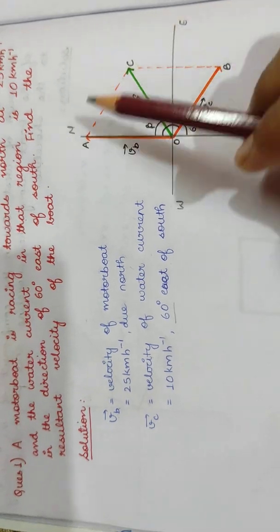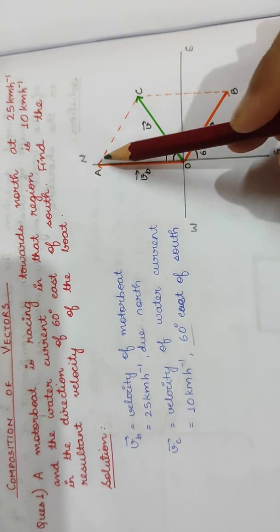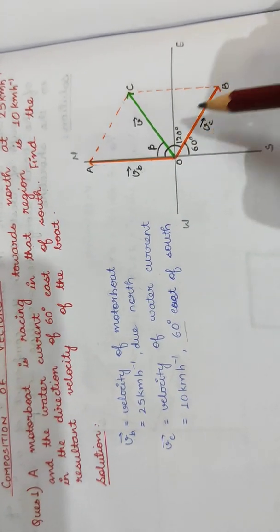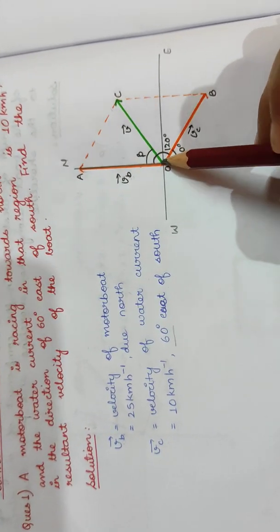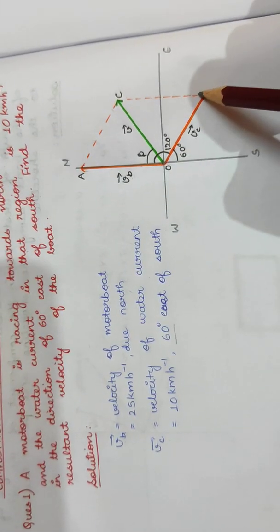Now we have to find the resultant velocity of the boat. As you can see in this figure, we have this vector OA and vector OB. These are joined tail to tail, at a common point. So what will be the resultant of these two vectors?